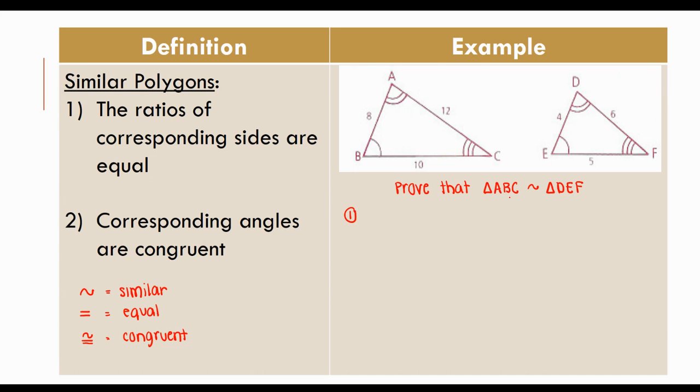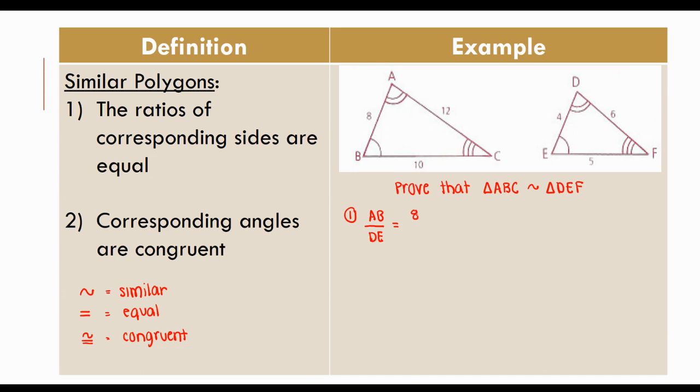So notice that I named it triangle ABC, so the first 2 letters are AB. In the second triangle, the first 2 letters are DE. And I set it up like a ratio. So those 2 sides are corresponding. I need the ratio to then equal the ratio of the next 2 letters that I get together. And then the same thing with the third side. I need 3 ratios because we have a triangle here.